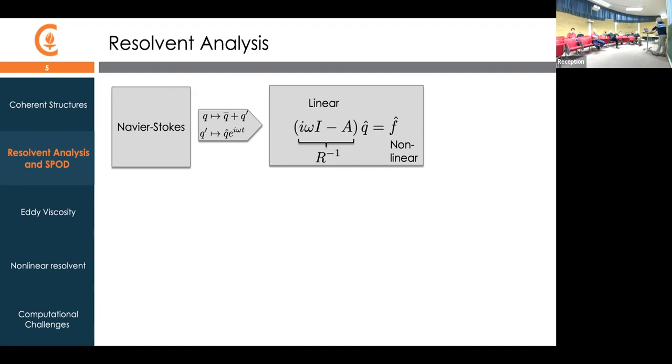So the terms, strictly speaking here, decay more rapidly than Q hat as Q hat goes to 0.